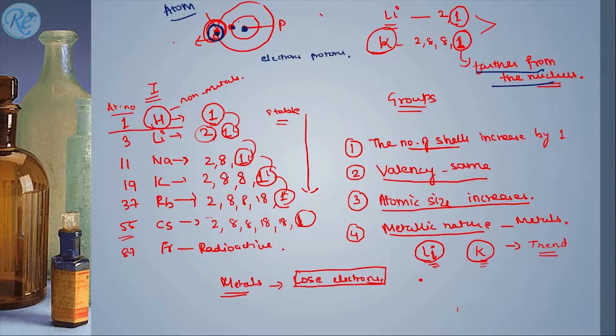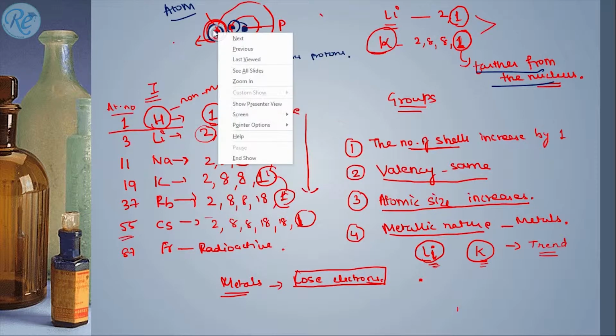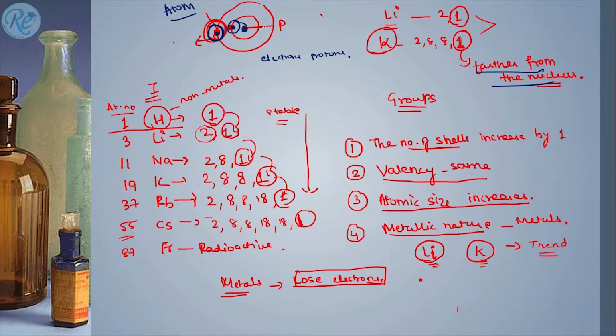And so the electron closer to the nucleus will be more attracted to the protons, and it will be easier for this element to lose the electron which is farther away from its center. And so we'll say that potassium is a better metal than lithium because it can easily lose this 1 electron. Of course, lithium will also lose 1 electron, but it will require more energy, while potassium can lose it easily.